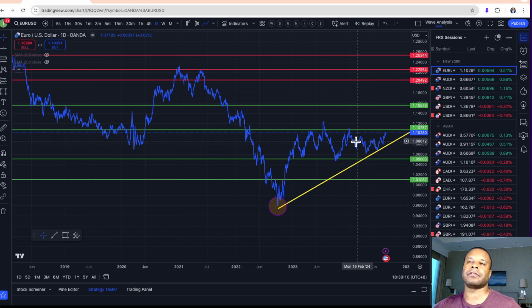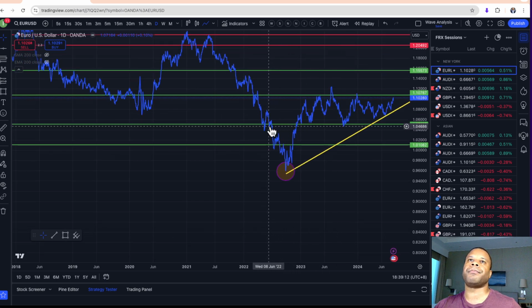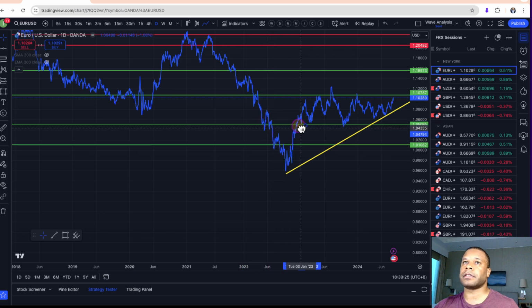Actually, let's not even look at price. Let's go back to this line here. We've seen price touch this area, right? It came a floor, floor, ceiling, floor, floor, floor.